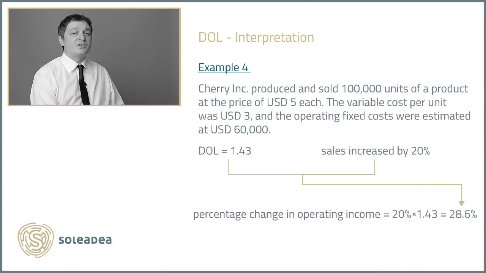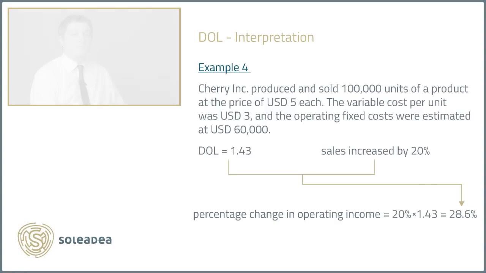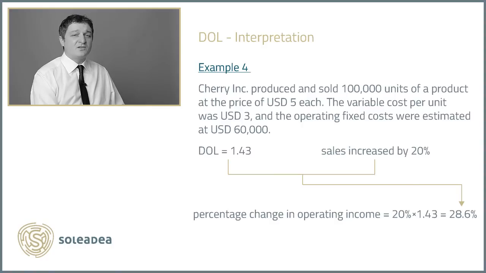The percentage change in operating income is 20% times 1.43 and equals 28.6%. As you can see, if the company's operating leverage is 1.43, then with an increase in sales by 20%, the percentage change in operating income will be 28.6%.